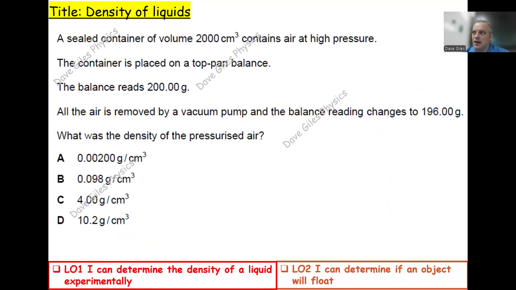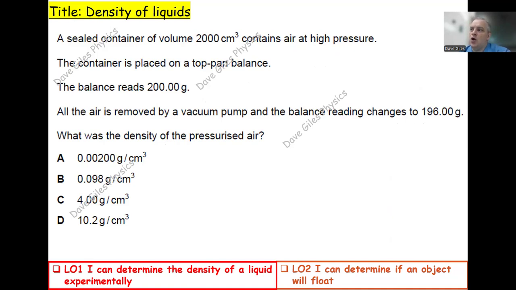Now, this question here is actually about the density of a gas. However, the way you do it is exactly the same. A sealed container of volume 2,000 centimeters cubed contains air at high pressure. The container is placed on a top pan balance. The balance reads 200 grams. All the air is removed by a vacuum pump and the balance reading changes to 196 grams.